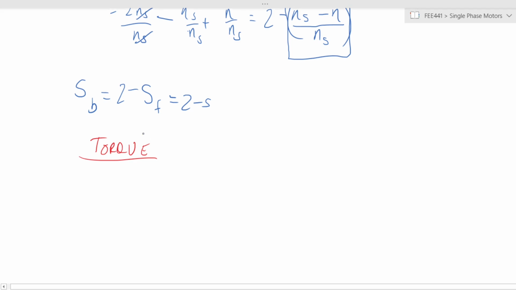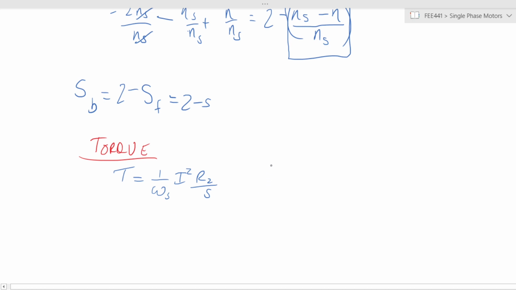Previously we had talked of the torque of an induction motor being given by 1 over omega s times I squared R2 over S. That is the current in the rotor times the resistive component of the rotor.